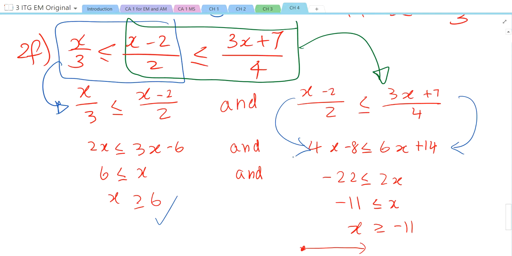Cross multiply. Times 4. Okay, just times 4. Can cross multiply or not? Can we do a quick check?